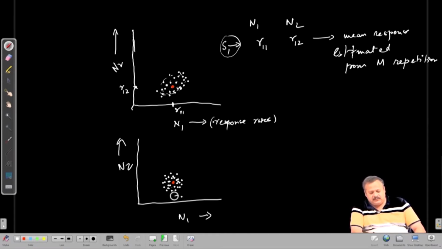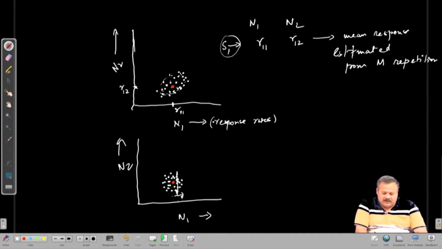That is, if the response of neuron 1 increases beyond its mean, we have a propensity to see all kinds of responses in N2. We see N2 being larger than the mean response of N2 as well as lower than the mean response of N2.